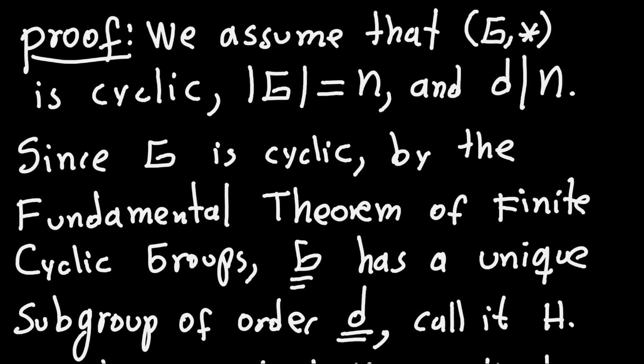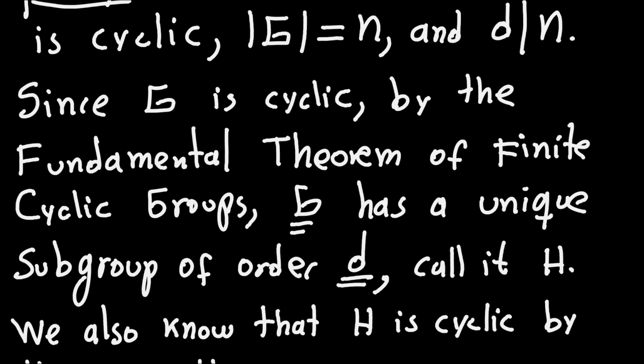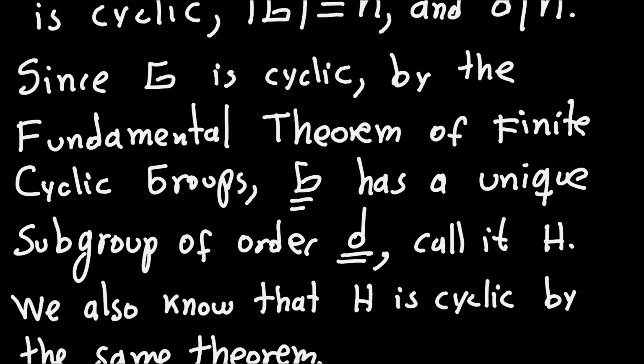We're going to use the fundamental theorem of finite cyclic groups, the one that we covered in the previous lecture. Remember that theorem has 3 parts. If you don't remember that, go and review that theorem. One of the things that the theorem said was that G has a unique subgroup of order D, because D divides n.